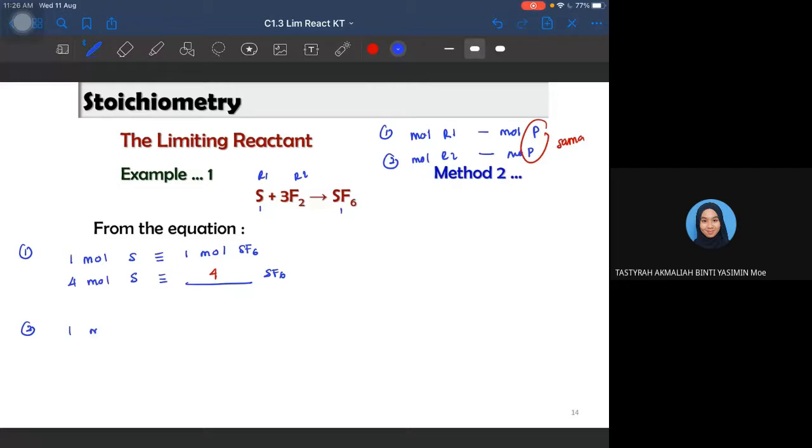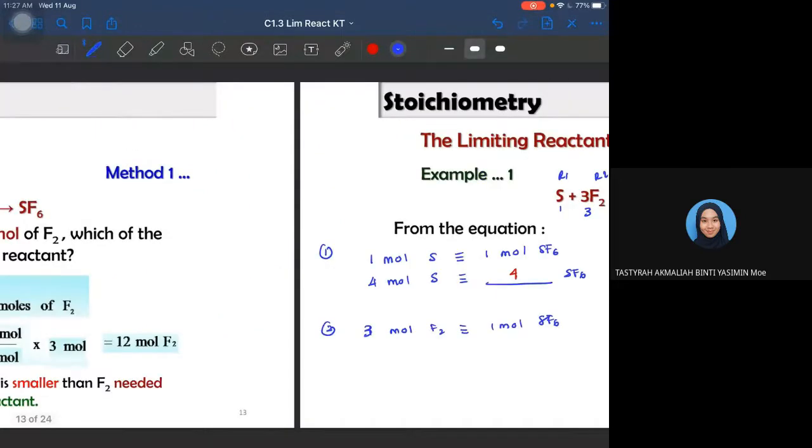Okay, right, so next, ni yang pertama. So second, kita compare pula reactant kedua. From balance equation, 3 mole of F2 akan hasilkan 1 mole SF6. Okay, so soalan tadi cakap apa? 10.